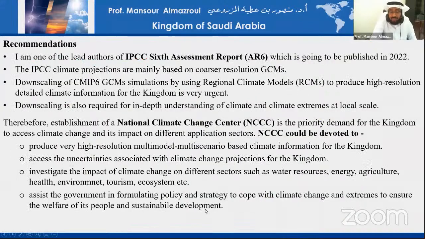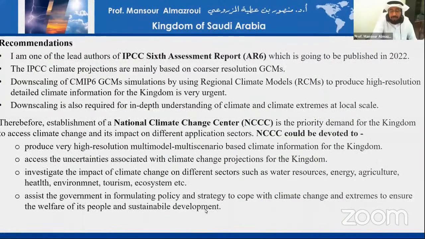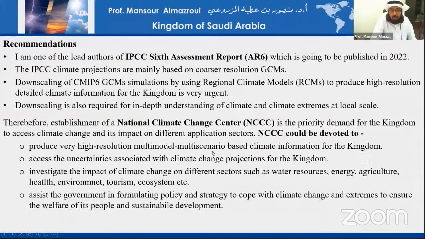Now, the recommendation of my presentation is the following. As I am a lead author of the IPCC assessment report, which is going to be published in 2020, I recommend downscaling the CMIP6 GCMs by using regional models. Downscaling is required for in-depth understanding of the climate and climatic extremes at local scale.